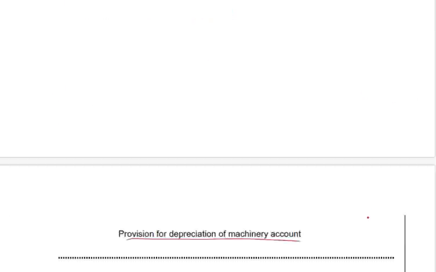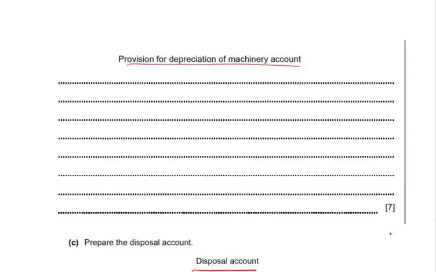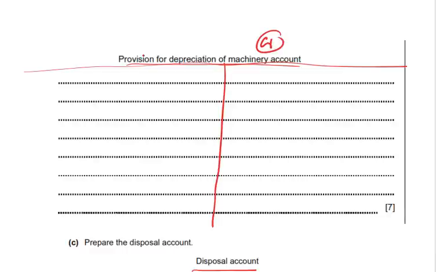We'll move to our second bit, which is the provision for depreciation of machinery account. Well, this is a T account and it's a credit account. All provisions are credit. In this particular question, you did not have any balance BD.